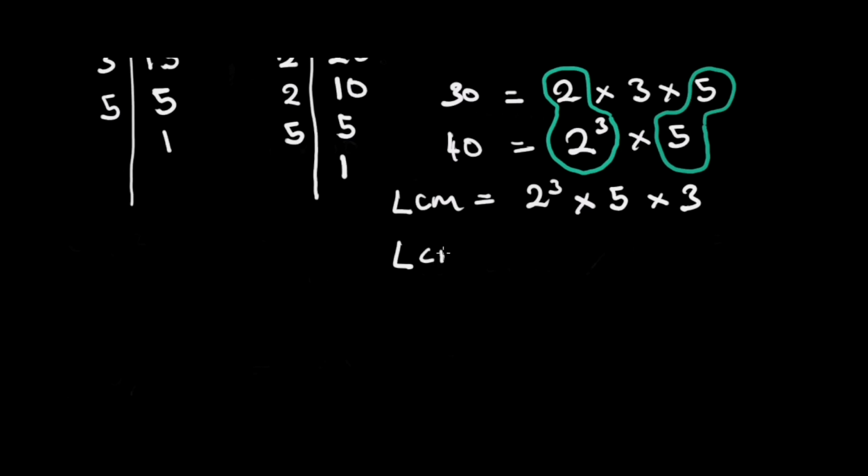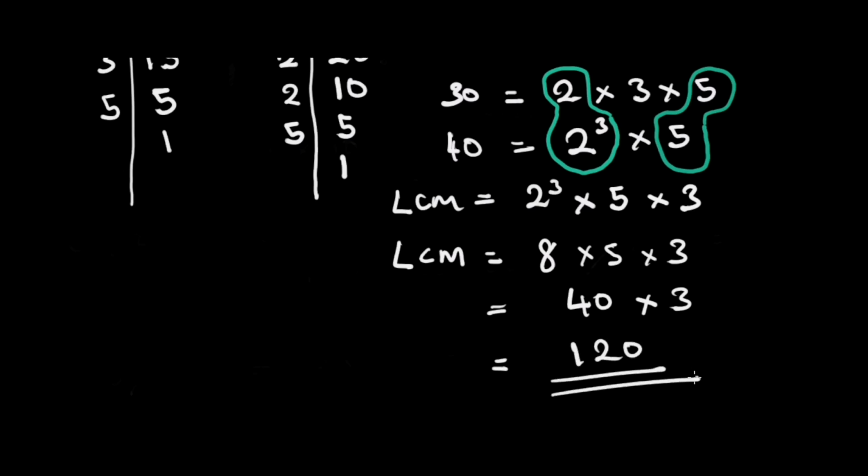Saka our lowest common multiple iri equal to 2 to the power 3, that's 2 times 2 ndi 4. 4 times 2 ndi 8. Saka pano tina 8 times 5 times 3. Of which 8 times 5 ndi 40. Saka tana 40 times 3. 40 times 3 ndi 120.